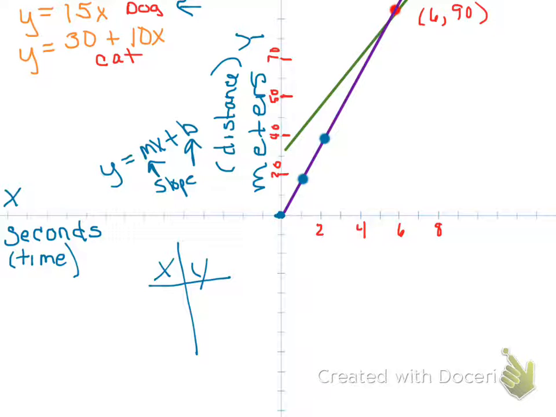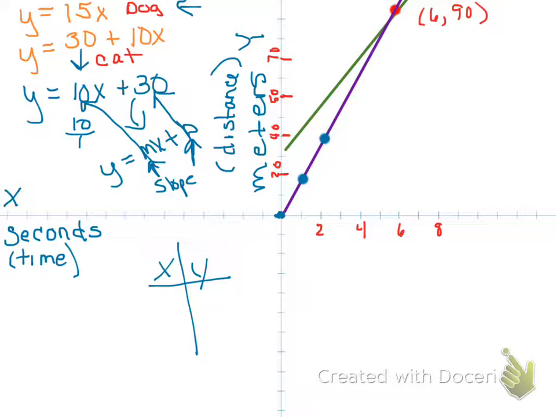And let's put that second equation in standard form. So y equals 10x plus 30. That gets us to our standard form. And we know that this is the intercept, and this is the slope, 10 over 1.